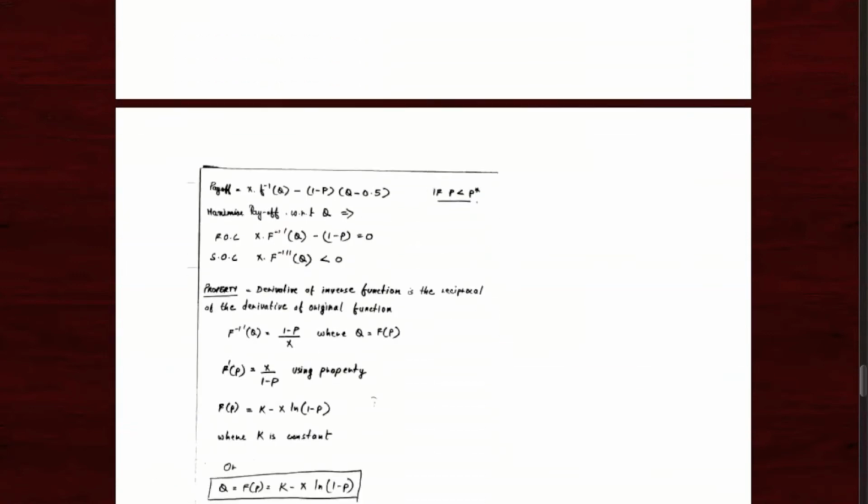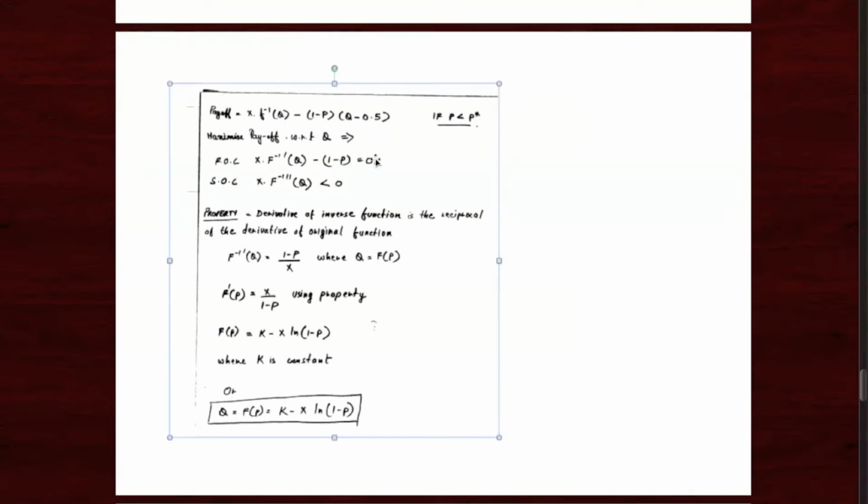So the payoff is this. The first order condition we get as this, and the second order condition we get as this. We use a property which is that the derivative of an inverse function is the reciprocal of the derivative of the original function. We use this property to come to what the function f(p) actually means.